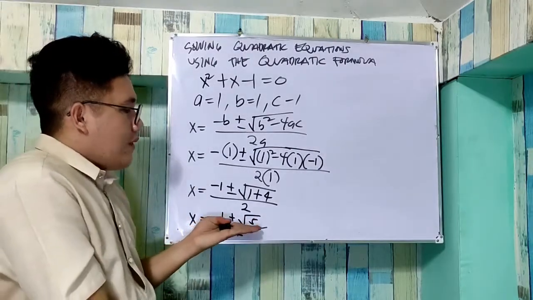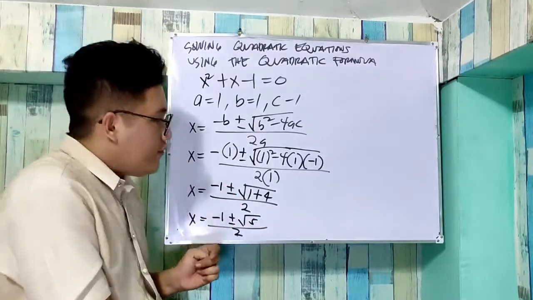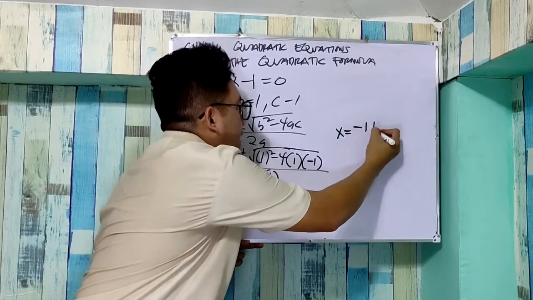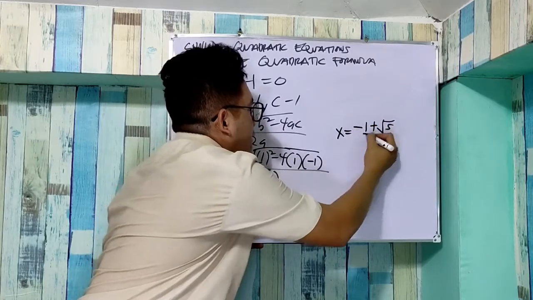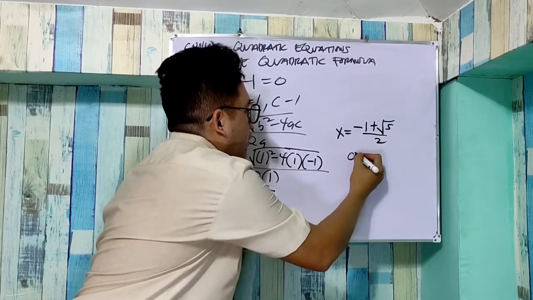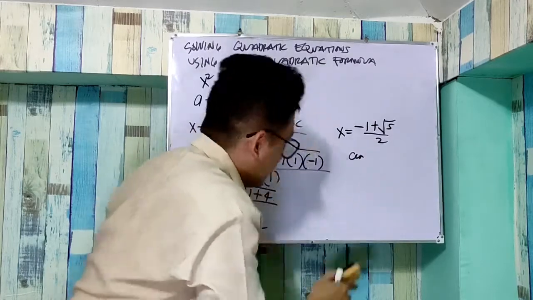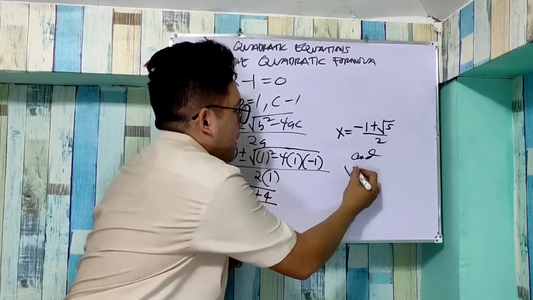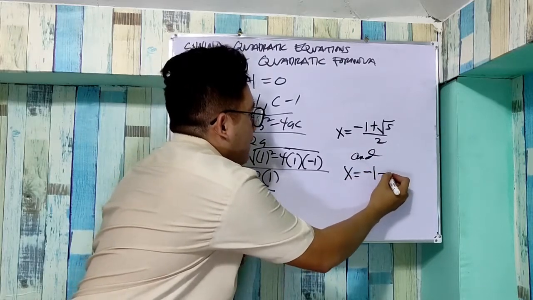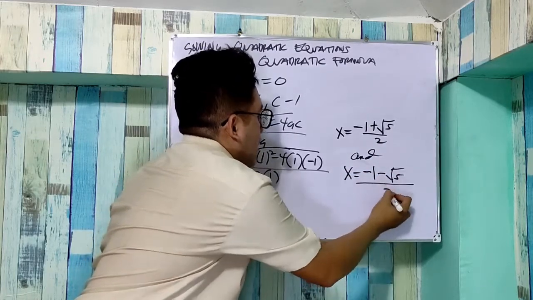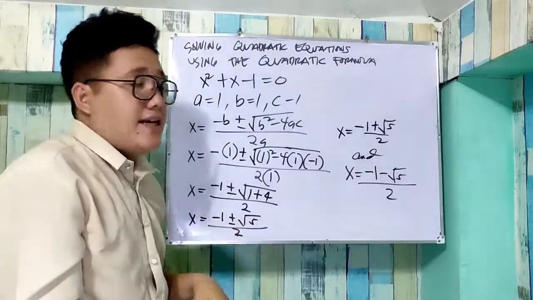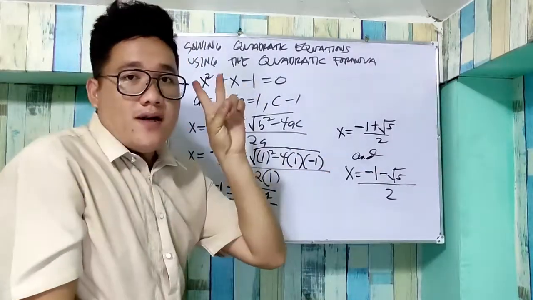So, meron bang square root ang 5? Wala na. So, therefore, ang roots natin is x is equal to negative 1 plus square root of 5 over 2, and x is equal to negative 1 minus square root of 5 over 2. Pinaghiwalay lang natin yung isang plus at isang minus. So, meron na tayong dalawang roots.